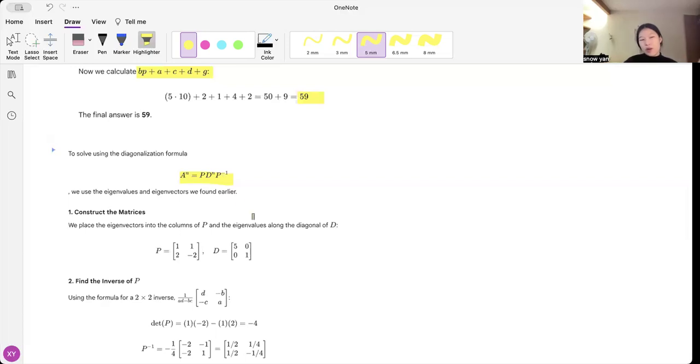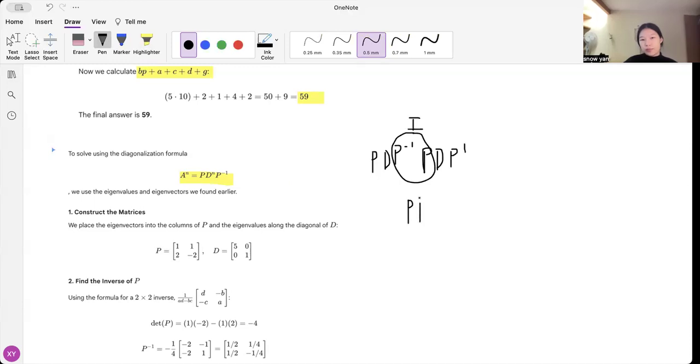I think this method makes a lot more sense to me because when we have something of the form P D P inverse, if we multiply the same thing, the matrix squared, then what happens is that inside here, the P inverse and P would just cancel out to become I, which would just be itself. So then we would just get P D squared P inverse. Sorry, my 2 is not looking very good.